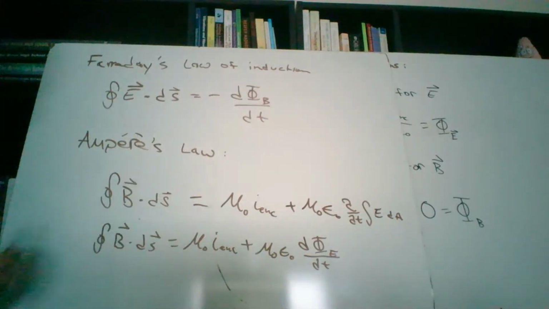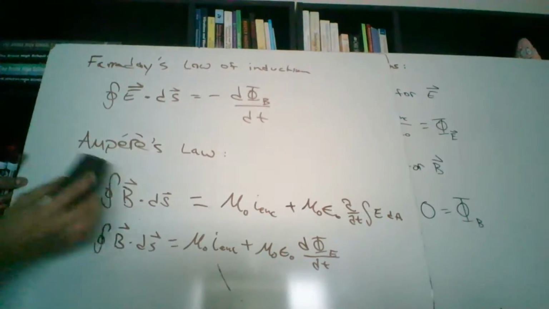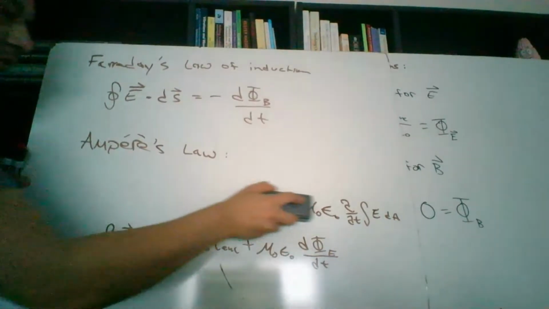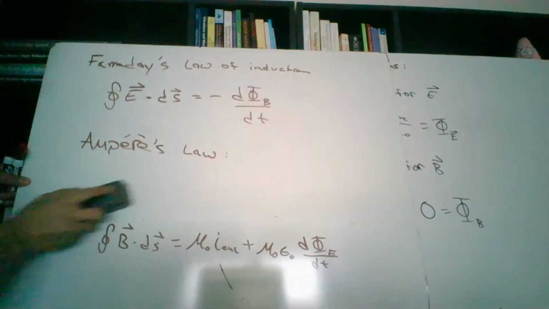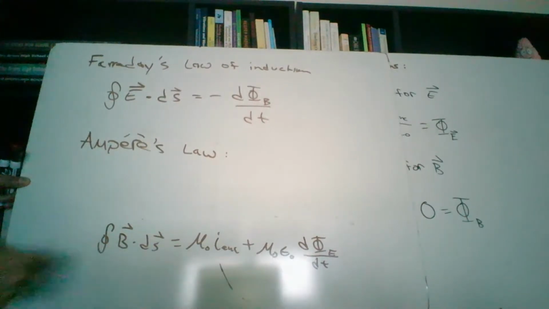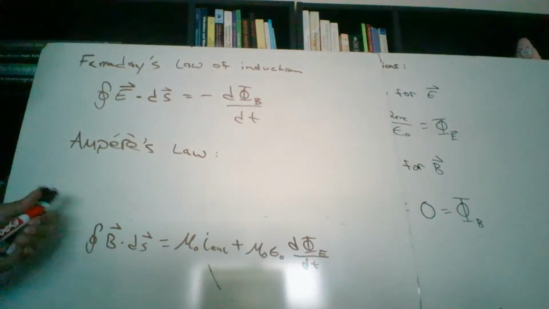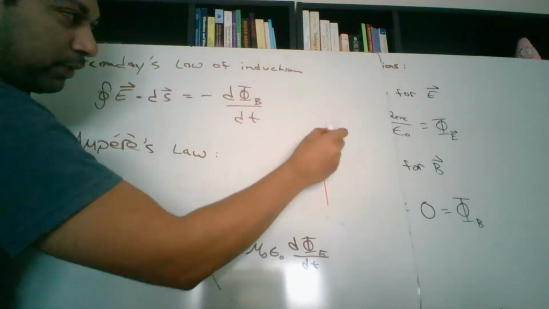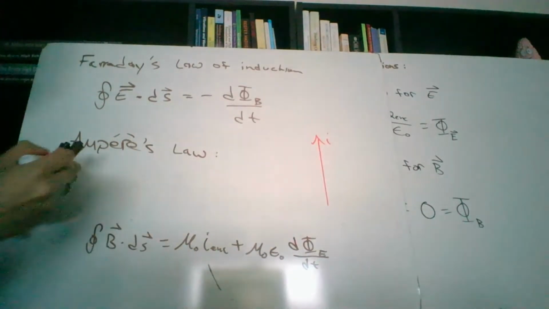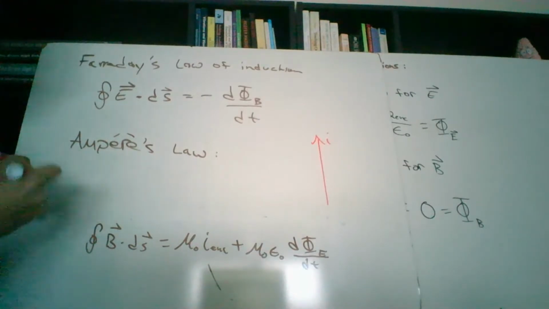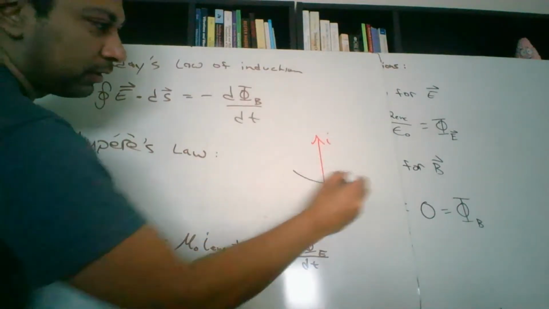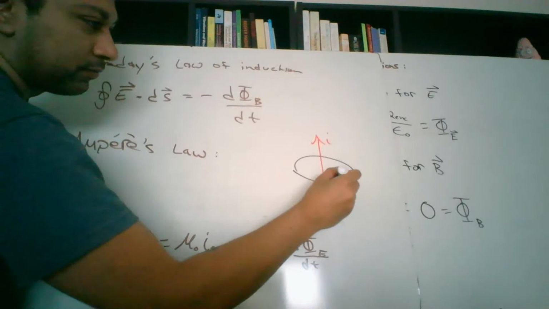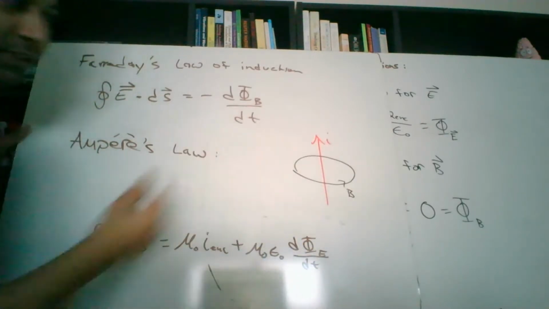And let me just show you that really quickly. So I'm going to erase this term. We don't need this one anymore. We're just going to look at this bottom one right here. Ampere's law was that if you have current I going this way, then there's going to be a magnetic field that goes around it, B. That was Ampere's law.